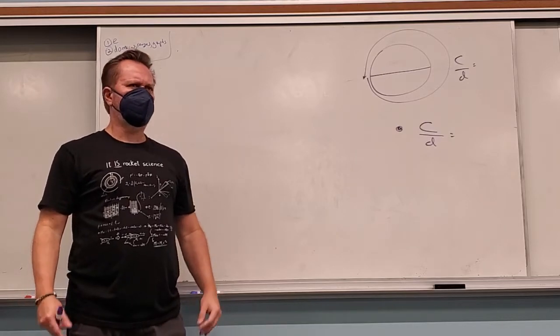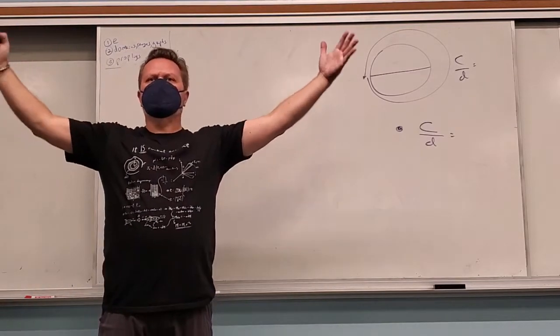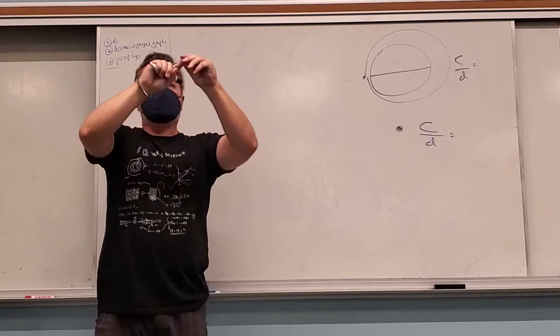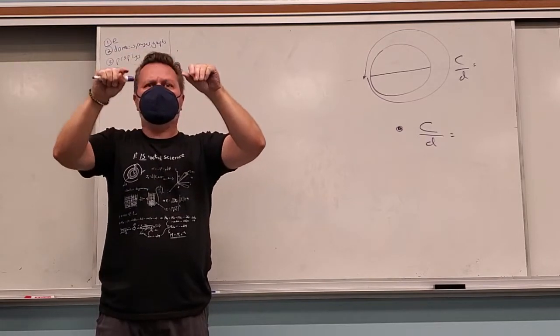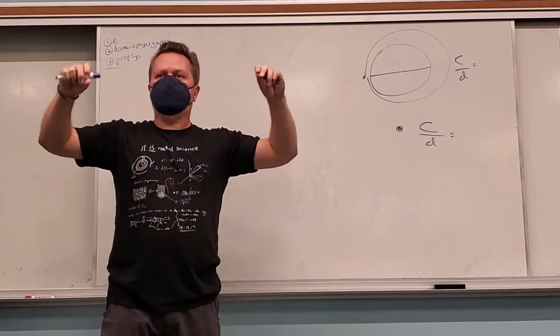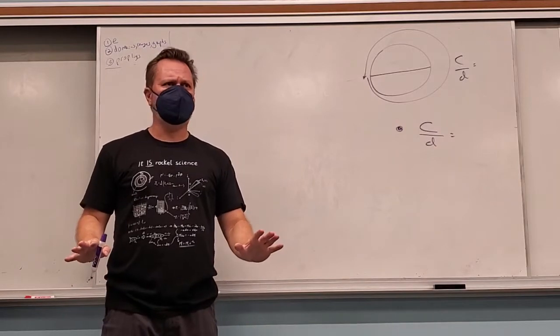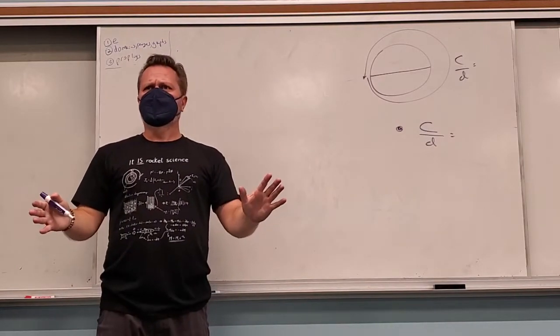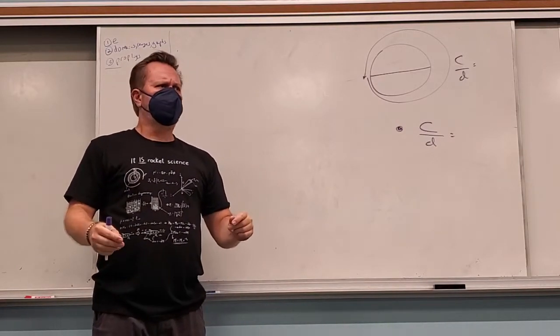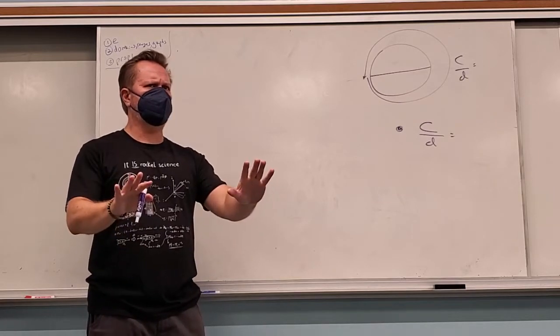You with me? No matter how big or small, if you take its circumference and divide it by the diameter, you always get the same number. Did anybody know about this? No? Okay.